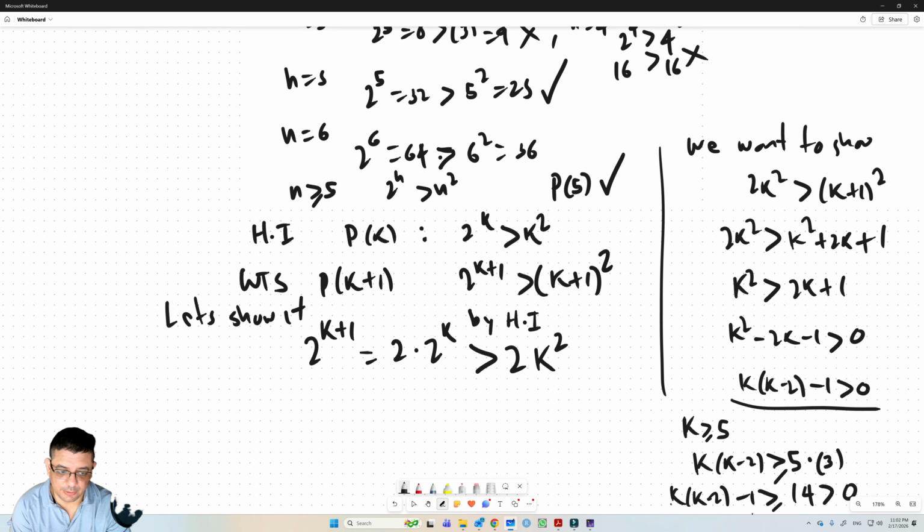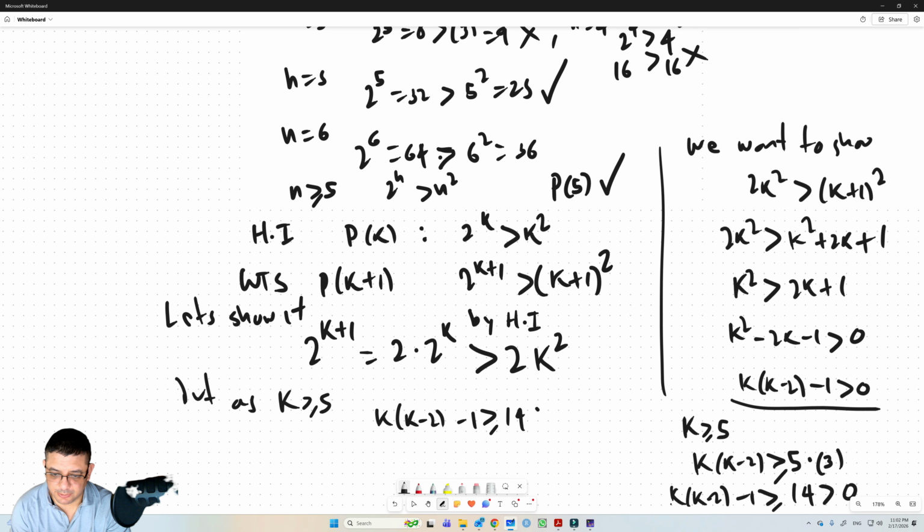So we can say here, as k is bigger than 5, k times k minus 2 minus 1 is bigger than 14, bigger than 0. And so that means that k squared minus 2k minus 1 is bigger than 0.